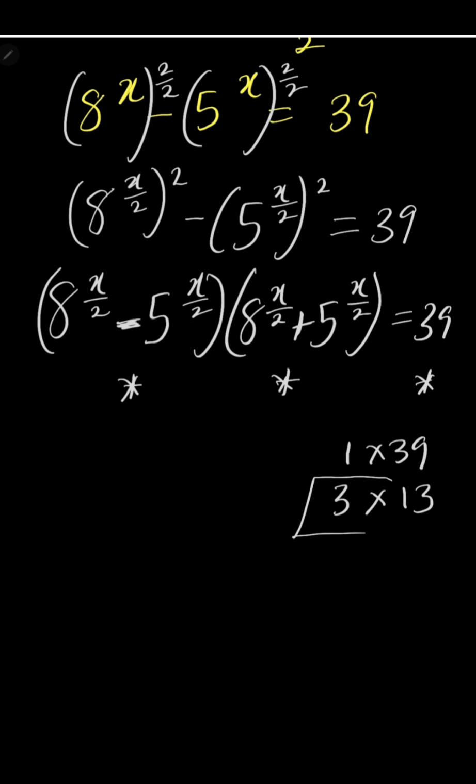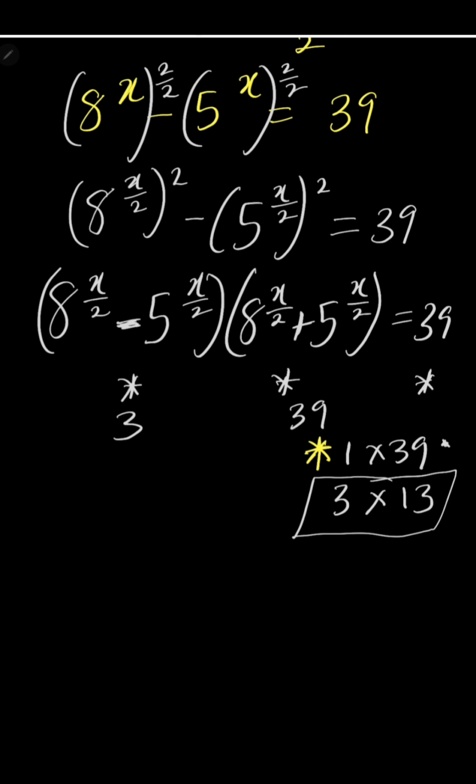Let us use the one where we have 3 and 13, meaning that here can be 3, while here can be 13.